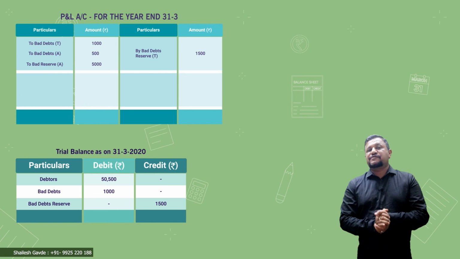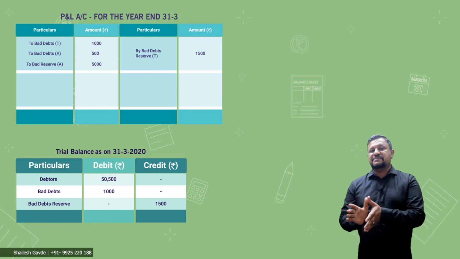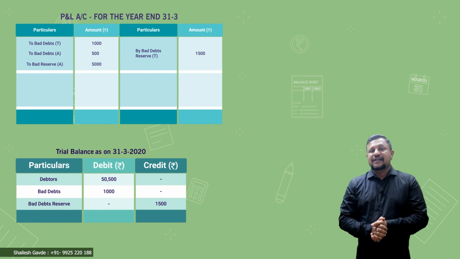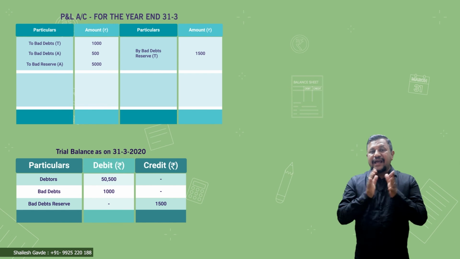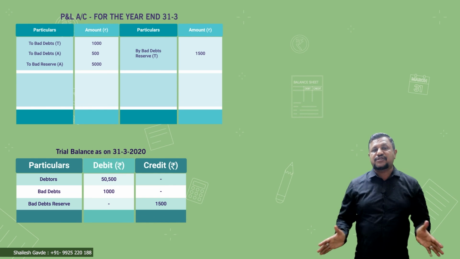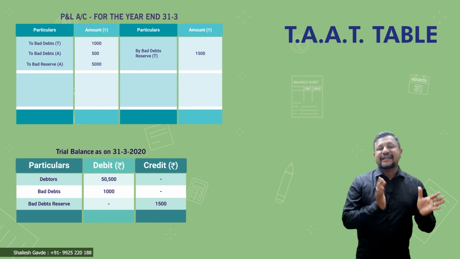Now instead of showing this bad debts reserve separately, debit and credit side, there is another way where we can show these items in a table which is known as TAT table.